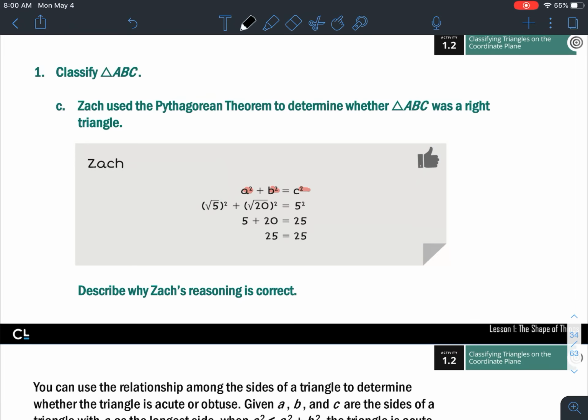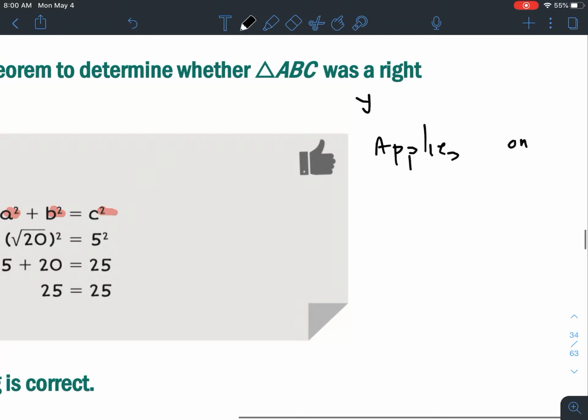So, for the Pythagorean theorem, we can say this. I'm going to write it right over on this side here. The Pythagorean theorem applies only to right triangles.